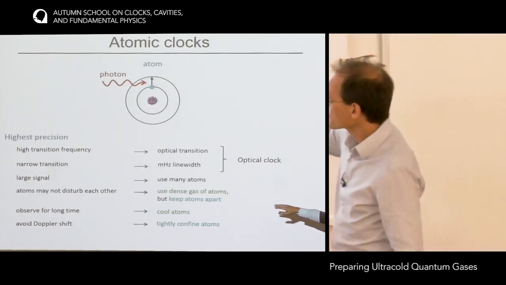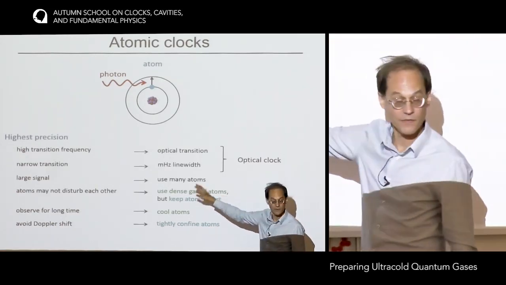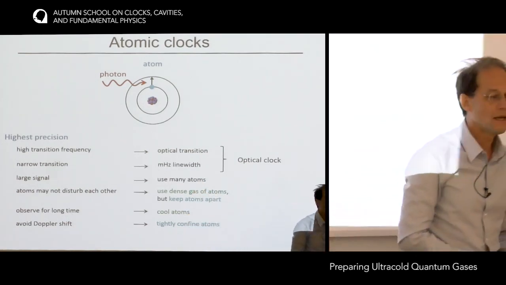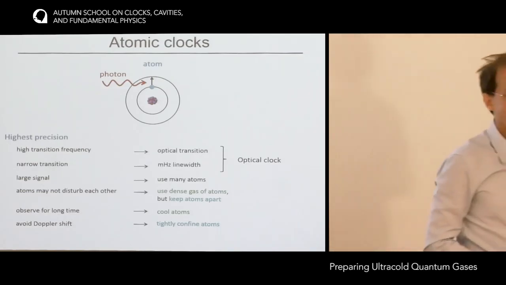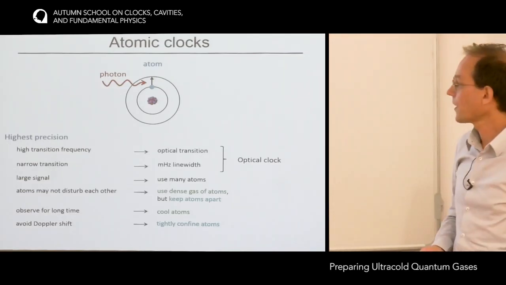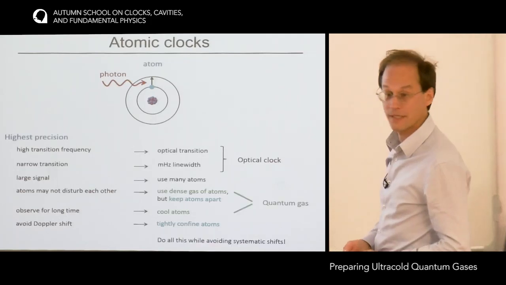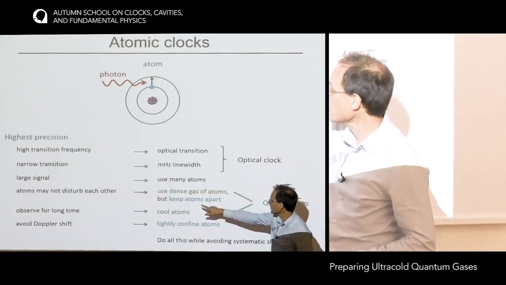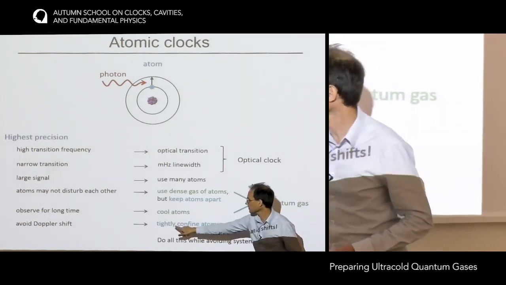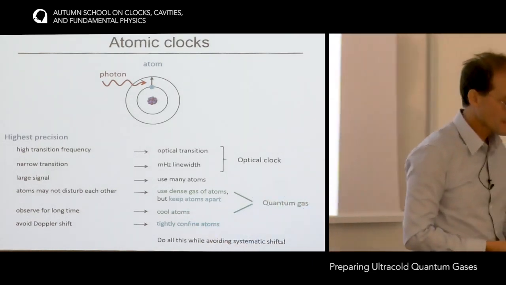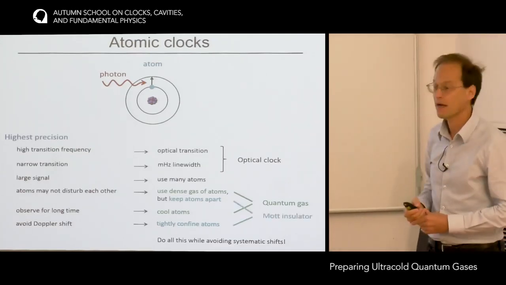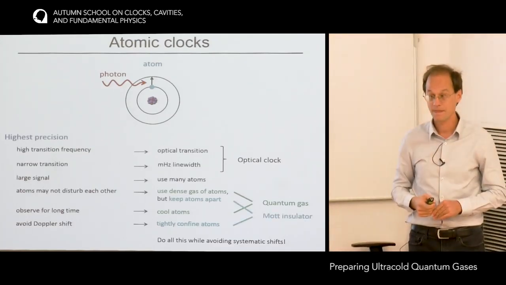Now if we look at these conditions here, I marked two in green. We want a dense gas of atoms, and we want to have these atoms cold. These are actually the same conditions as going to a quantum gas. And then the conditions marked in blue, keep atoms apart and tightly confine them. This is the same condition as for a very special type of quantum gas, namely a Mott insulator.